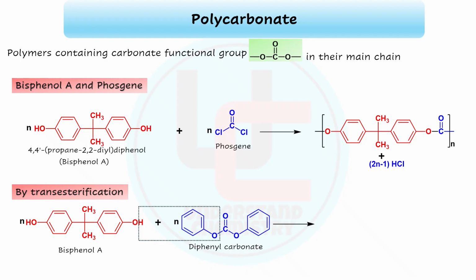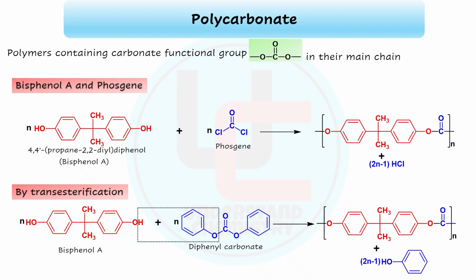This exchange of ester is known as trans-esterification, as discussed before. The byproduct phenol has a relatively low boiling point and can be efficiently removed from the reaction mixture to push the equilibrium toward polymer formation.